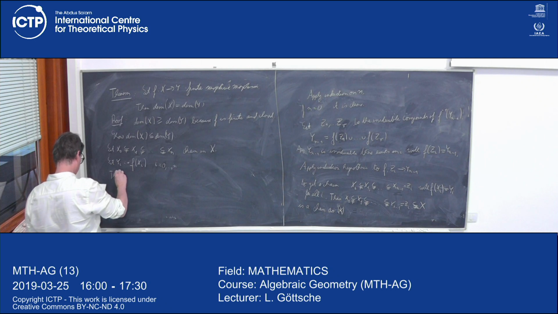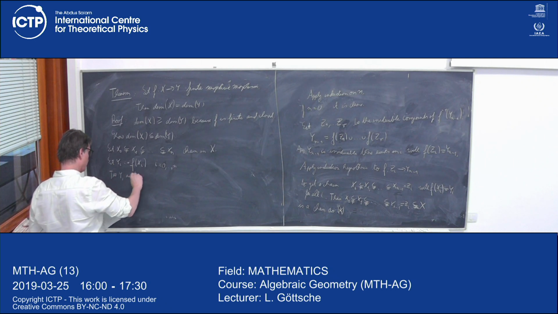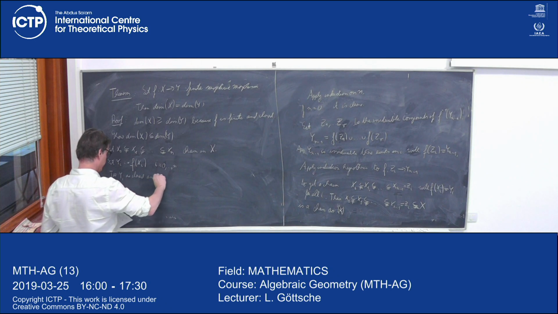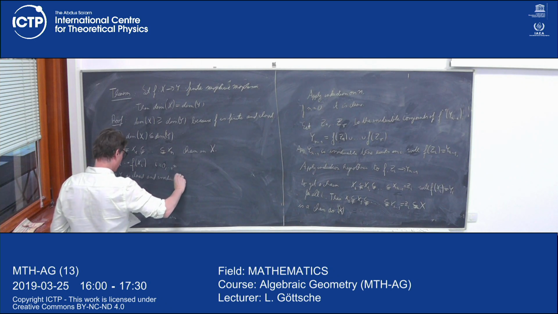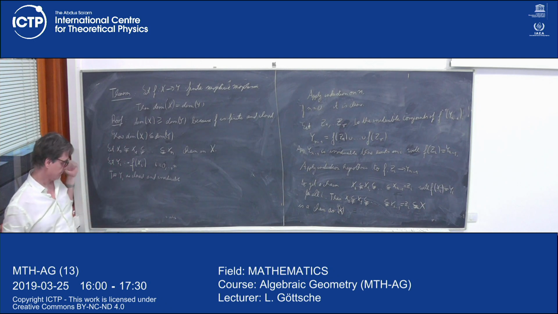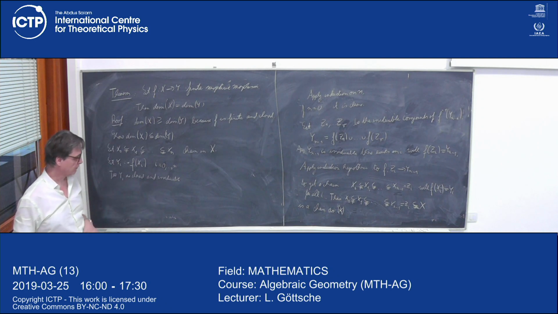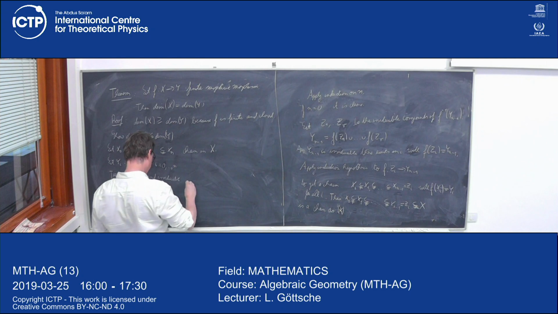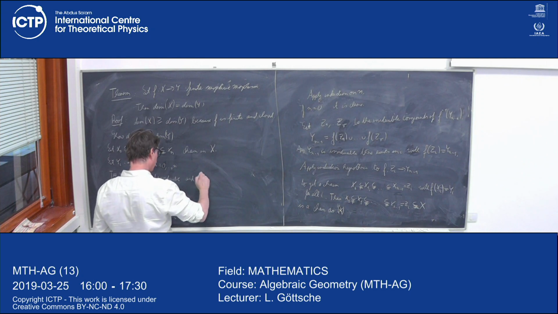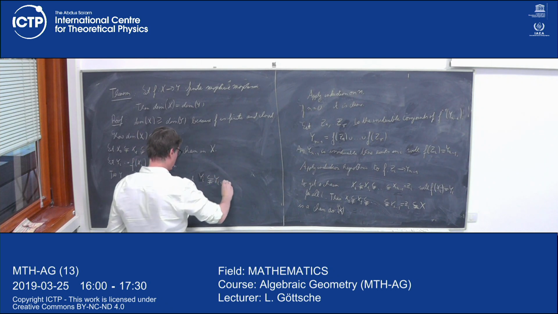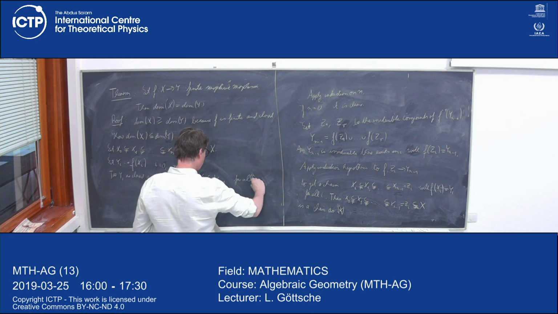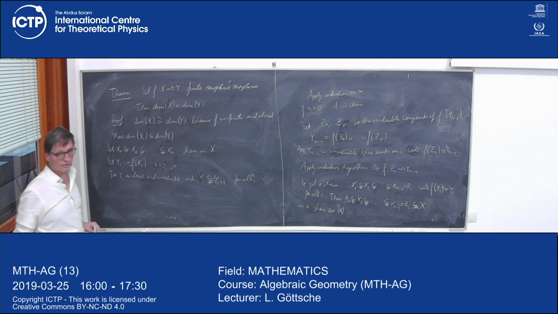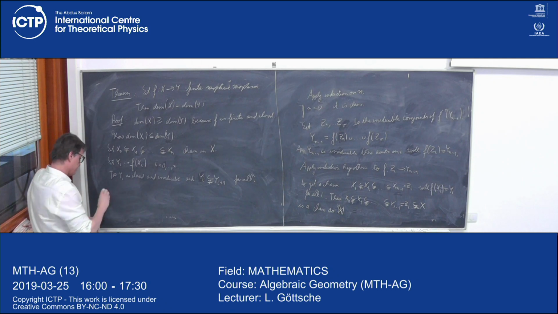So the Yi are closed and irreducible. That we know because the image of something irreducible is always irreducible, and they are closed because of closed map. And Yi is strictly contained in Yi plus 1, because f preserves strict inclusions of irreducible closed subsets.